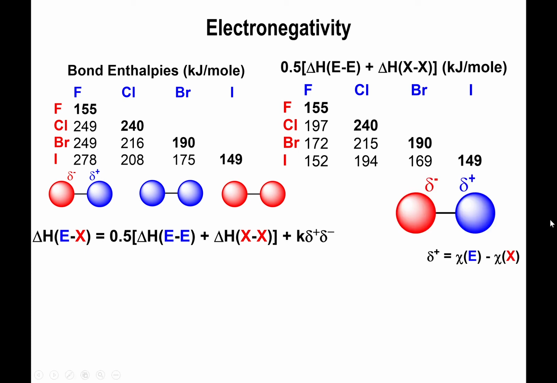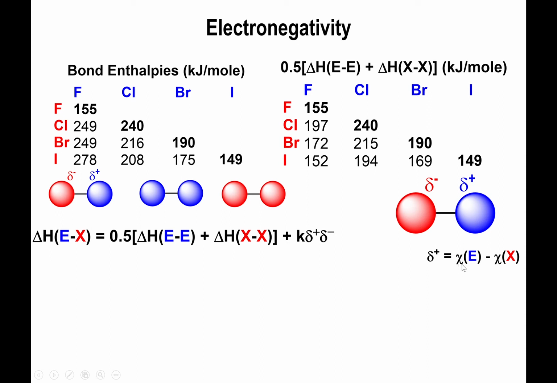Now, Pauling, the same Pauling that came up with the electronegativities, also gave us a means to quantify this ionic contribution to the covalent bond, with the electronegativity values depicted here by the symbol chi.